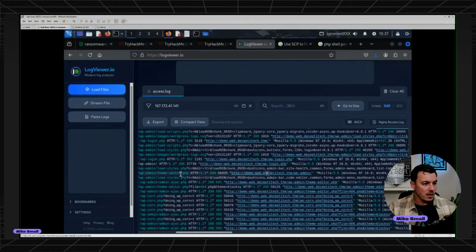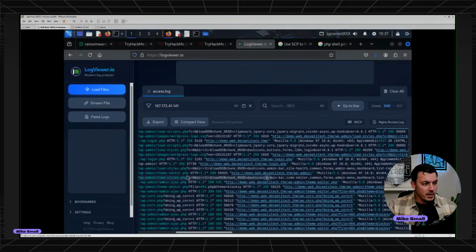Admin, we see a theme editor. So theme editor could be used to upload a file. So that's something to think about too. They would have had a way after they logged into a web application to actually upload the backdoor and execute the backdoor. So there has to be an upload mechanism somewhere. And it's not going to be the login page, probably.